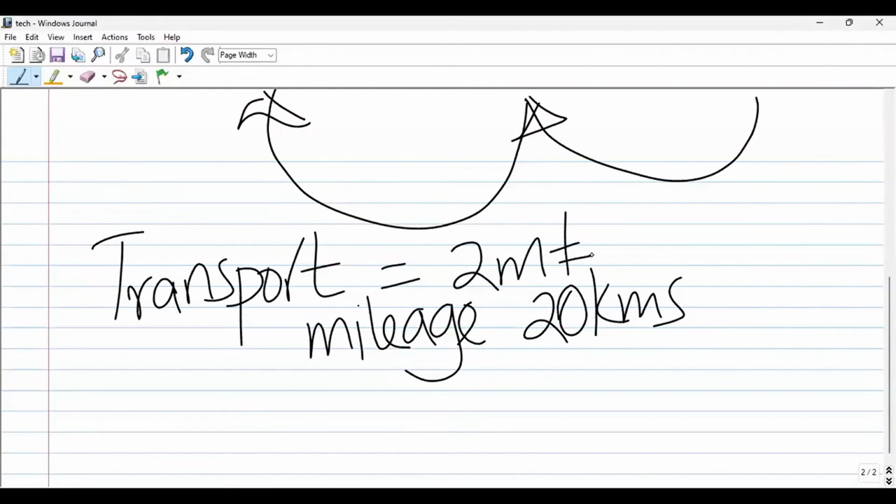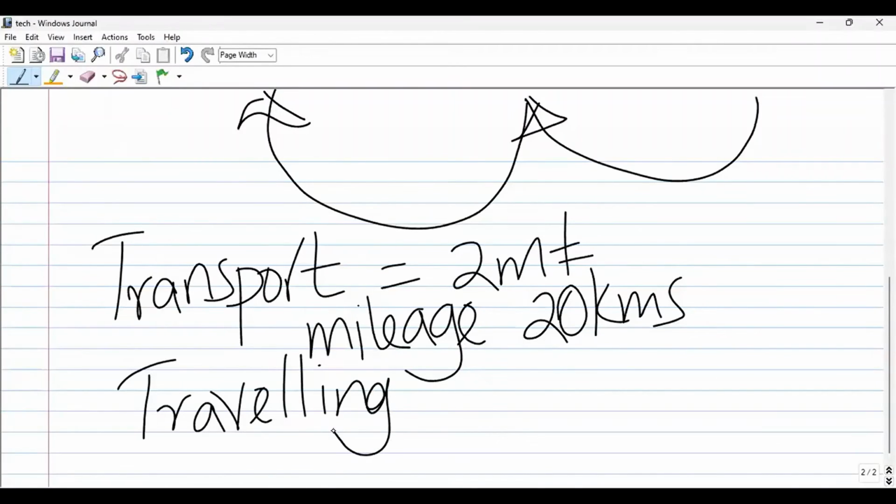But what activity did you undertake? Traveling. So traveling is your activity. Meaning that if you had not traveled and had stayed at home, you wouldn't have incurred the transport cost.